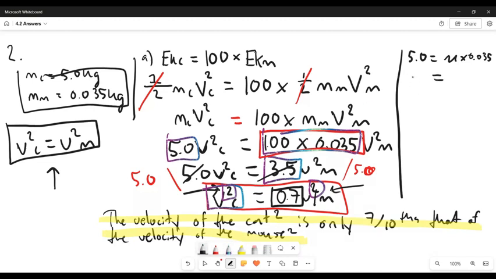And if you do the algebra, you should get 142.8. And remember, we have to make sure it's in two significant digits, so therefore 140 times, so 140 times more kinetic energy.